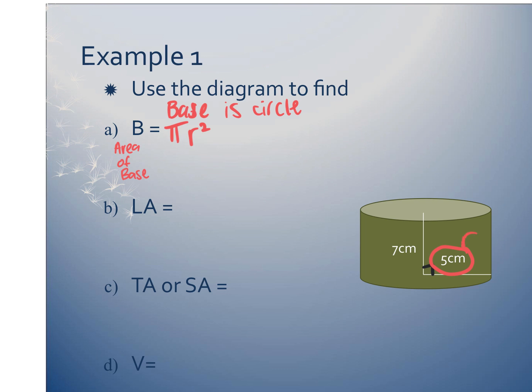The perpendicular we're going to use for the height. Why would that 5 centimeters be the radius? Good. It's from the center to the edge of the circle. Remember what the definition of a radius is. It's from the center of your circle to the edge. So this is definitely going to be 5 centimeters, so our radius is 5.